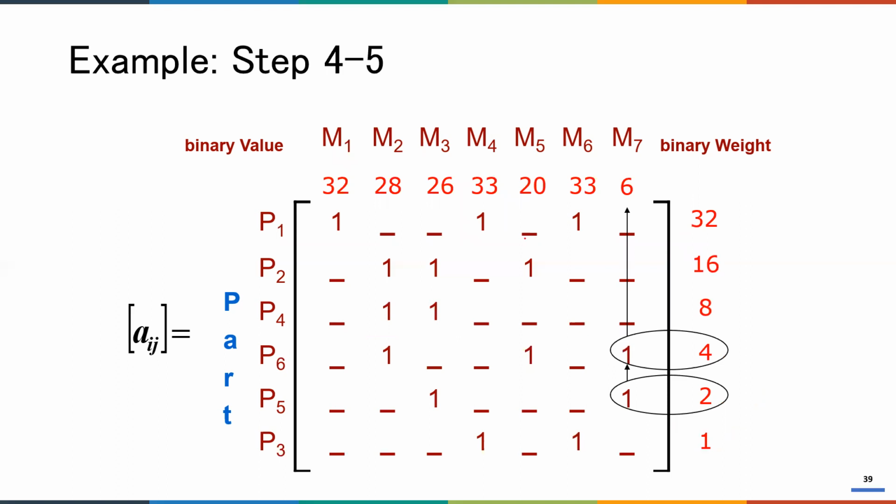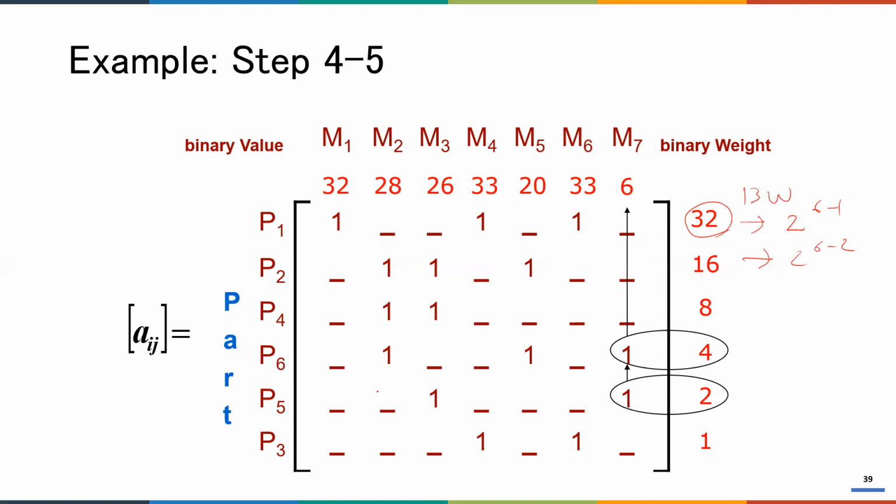Steps 4 and 5 are the same, but you do them for each column. You calculate the BW, binary weight, like this. So this is 2 power 6 minus 1, then this is 2 power 6 minus 2, and so on.